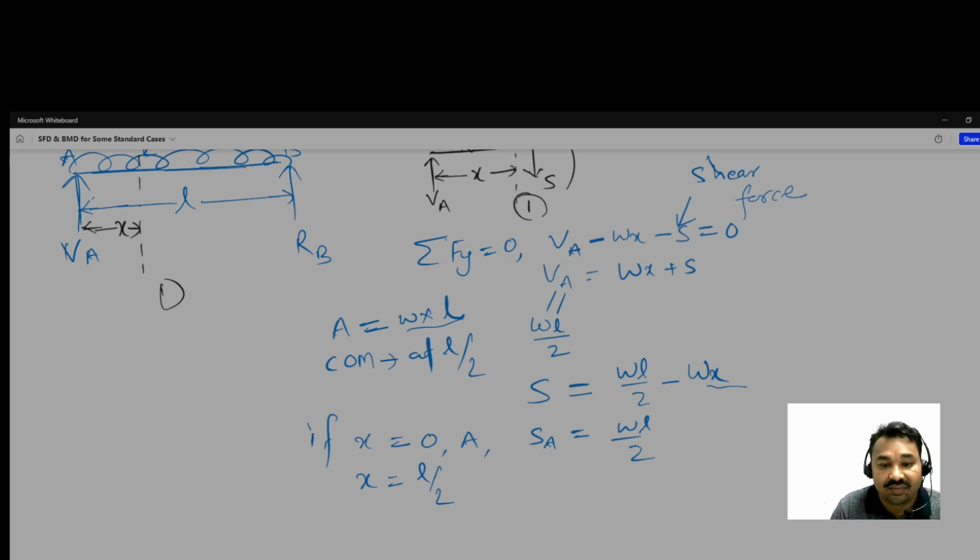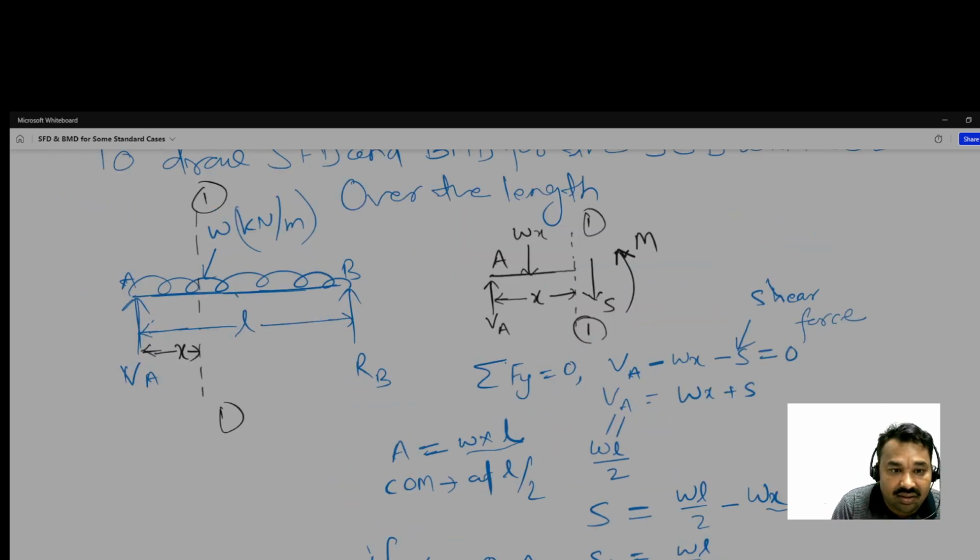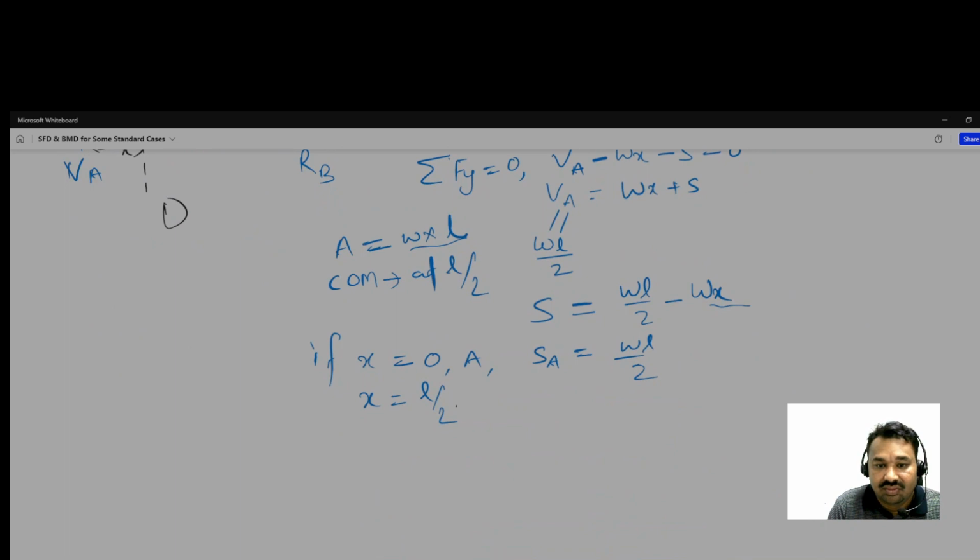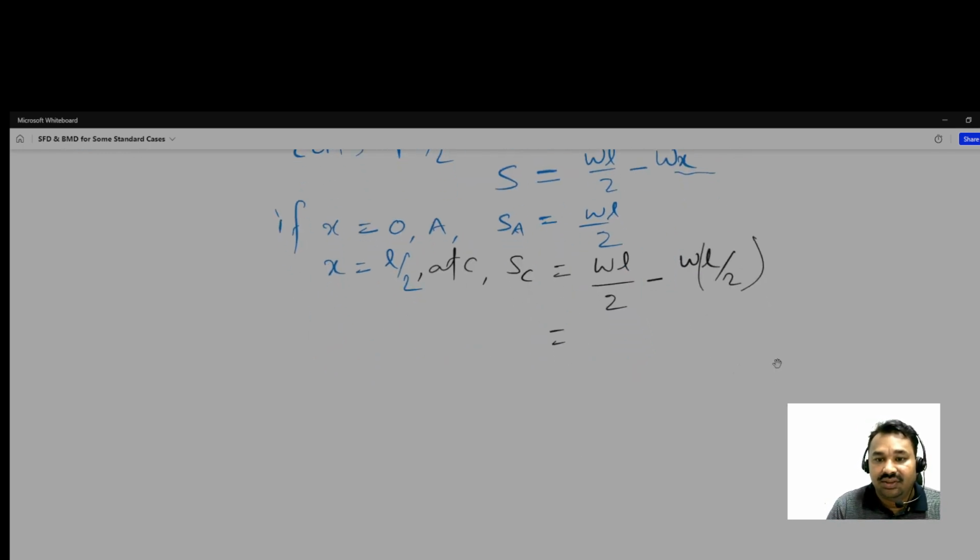Suppose the name we are giving to the mid is C. So at C, SC is equal to wL divided by 2 minus wL by 2, which is equal to 0.